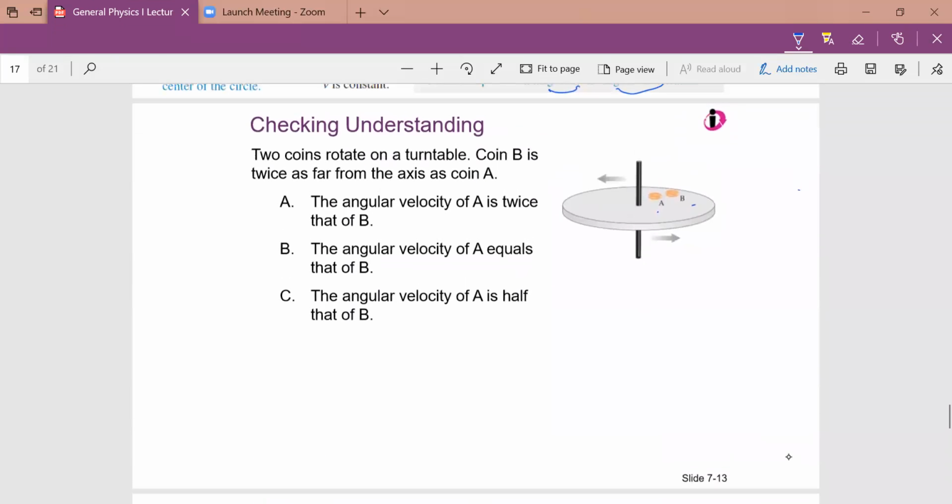So we can go through checking understanding. We emphasize that all positions in this kind of system have the same angular acceleration.